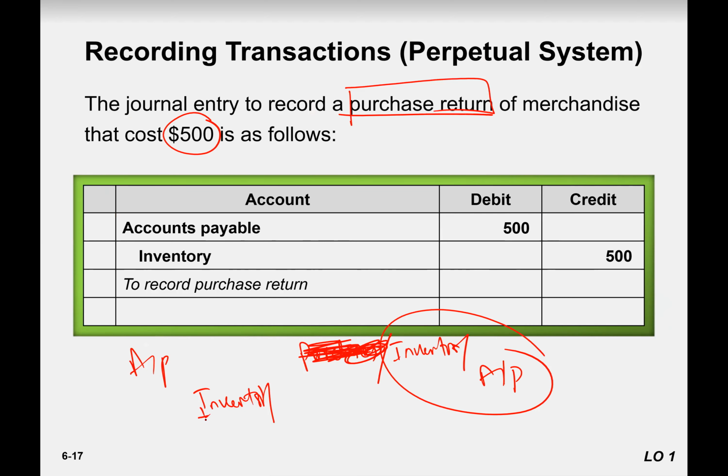It makes sense because 500 worth of goods is going to be decreased from our inventory stock, so inventory decrease, credit, and we are not liable to pay 500 to our suppliers, so liability decrease, debit. This also makes sense, right? So whenever we have a purchase return, the entry would be accounts payable to inventory, the reverse of the purchase from the supplier.